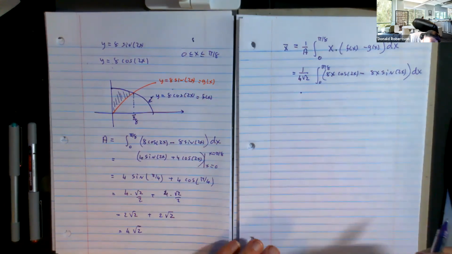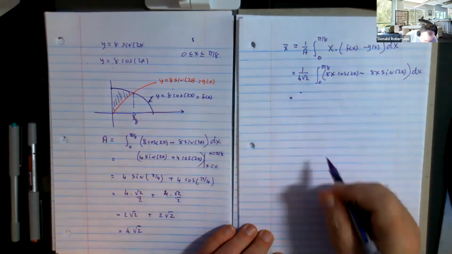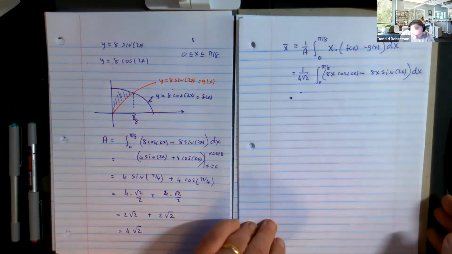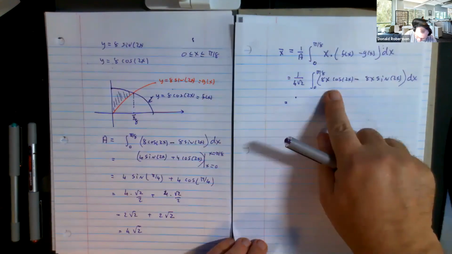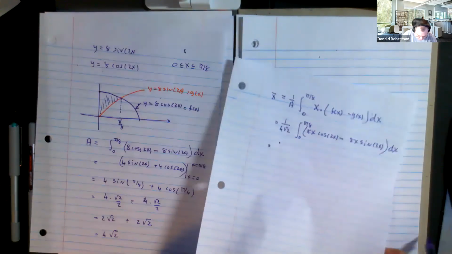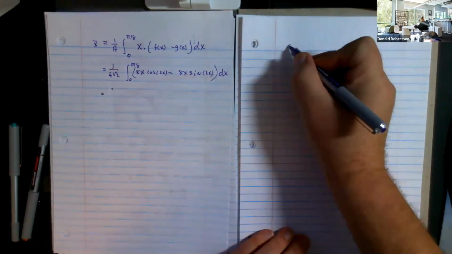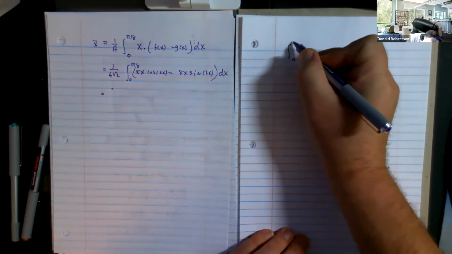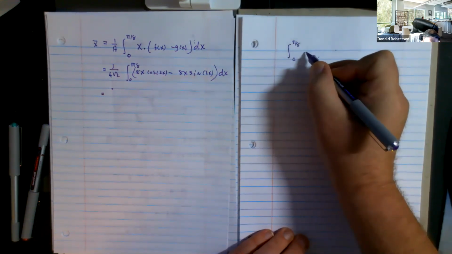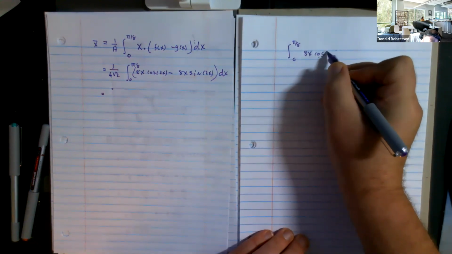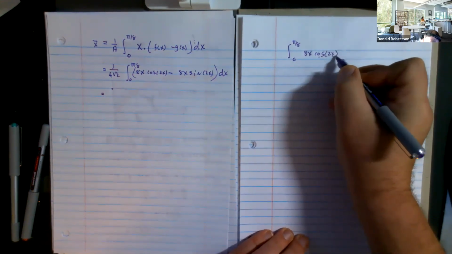Which means that we now have a bit of an issue. I need to know what this guy is and this guy is. It's probably a good idea to do them separate and subtract them. So let's do the first one. Let's do the 8x cosine of 2x dx.